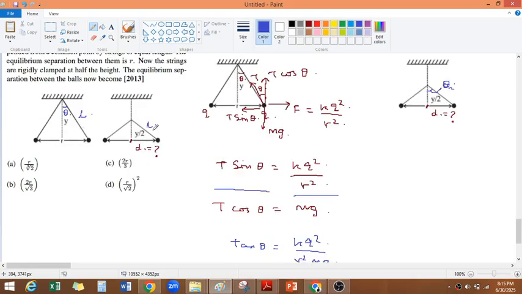So that means the lengths are same. Okay, so length will not be changing. Only the height is, instead of y, it is y by 2 because half the height. After that, all these things are going to be same. So you have to repeat this. So basically, they're asking to find what is the value for d. Let's keep it here.